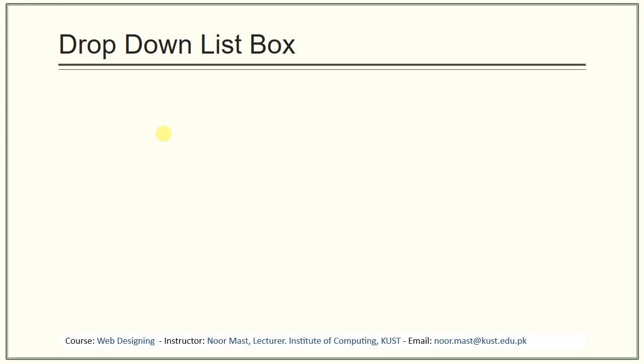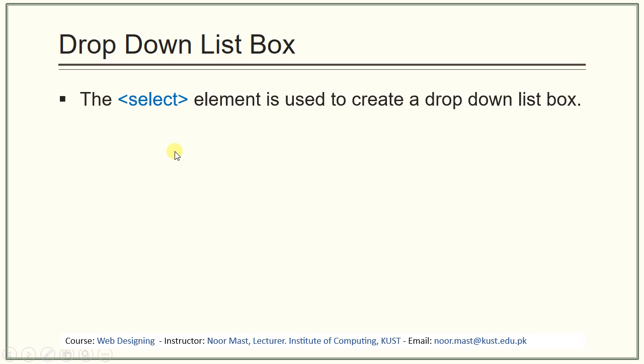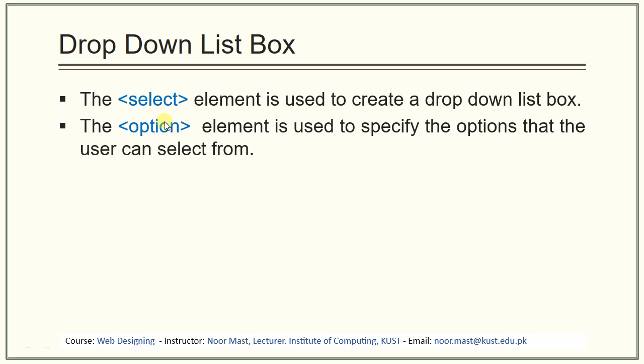A drop-down list box allows the user to select a single option out of a large number of options. If the number of options is small, then the radio button is the best choice. The select element is a container to hold the options of a drop-down list box, where each item is defined within this container using the option element.